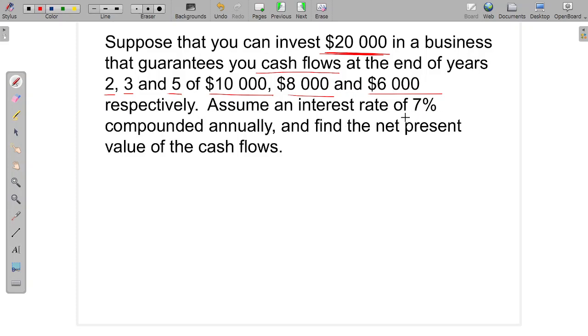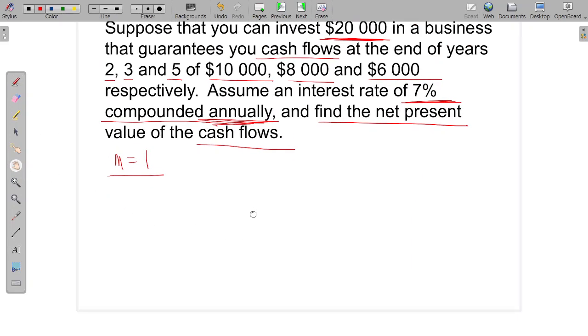Assume an interest rate of 7% compounded annually. Take note of that word also, compounded. Don't forget, we need to always take note of that. So here our M is 1 because it is compounded annually. And find the net present value of the cash flows.